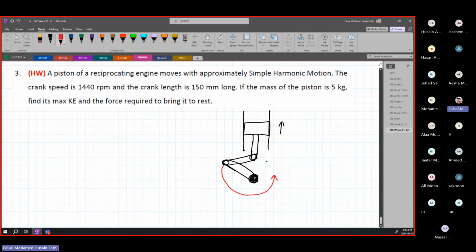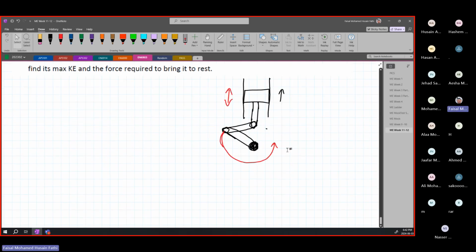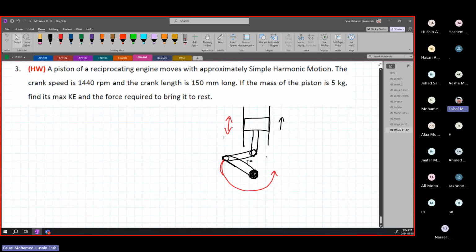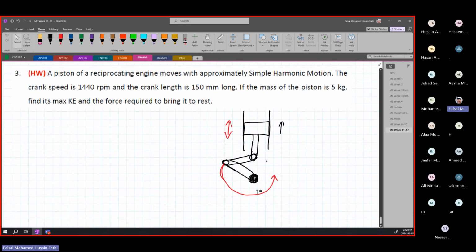This middle piece keeps rotating in a circular way, and as it goes in circles, the piston keeps going up and down. So this will have an angular velocity, but the piston will have a linear velocity. The piston will have v, but this will have omega.